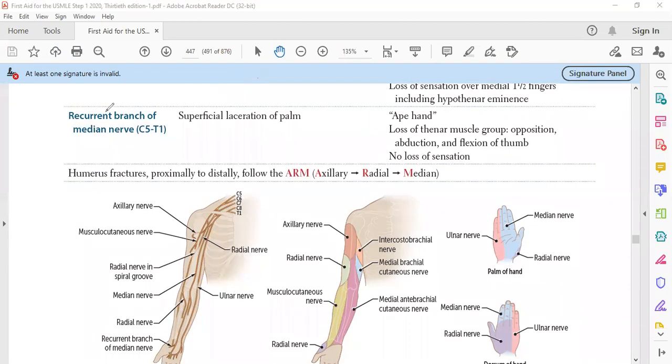Then we have the recurrent branch of the median nerve, in which we have superficial laceration of the palm. Ape hand and loss of the thenar muscle group: opposition, abduction, flexion of the thumb, with no loss of sensation.